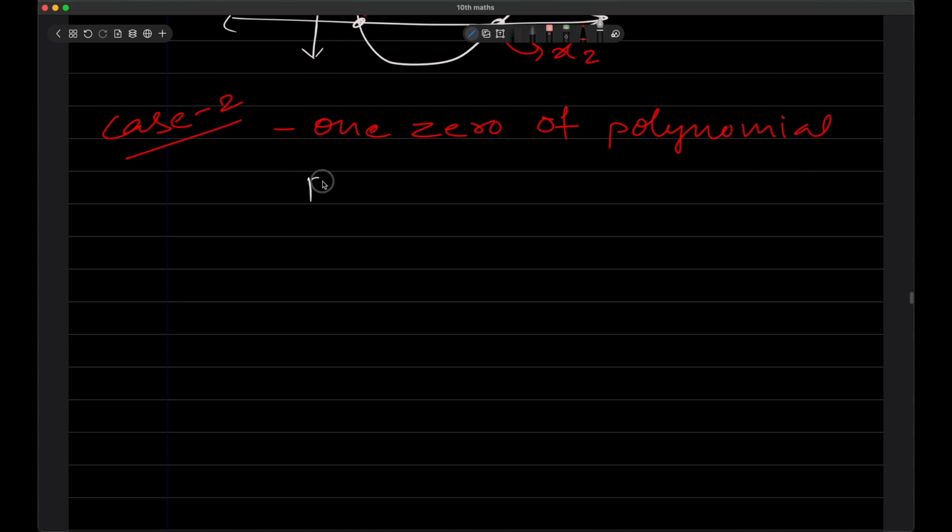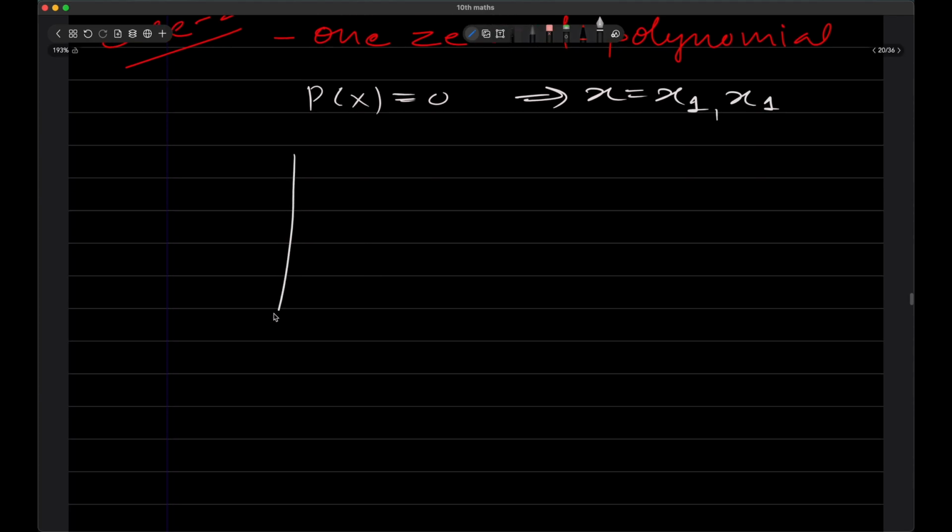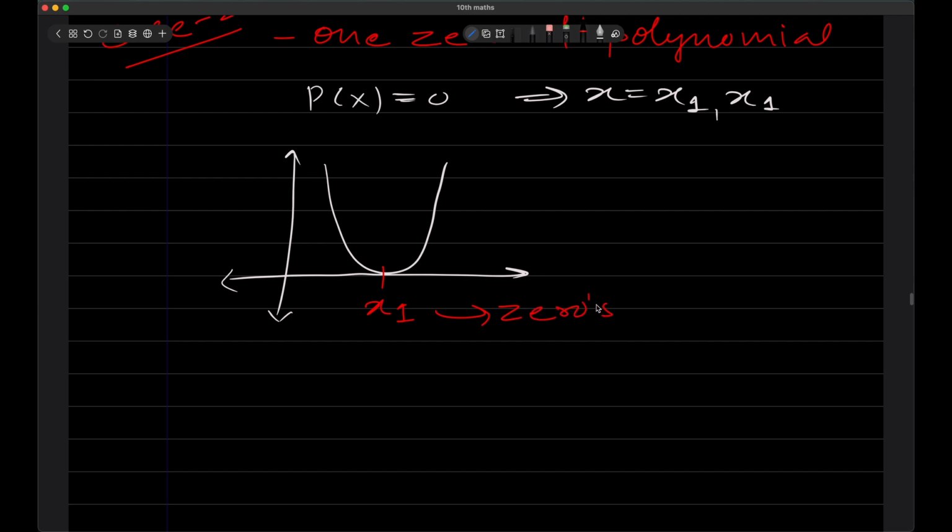That is, if we put p of x equals to 0, we get x equals to both the same root, that is x1 comma x1, and if we plot the curve, it intersects the x-axis at only one point, that is at x1, which is the zero of the polynomial.